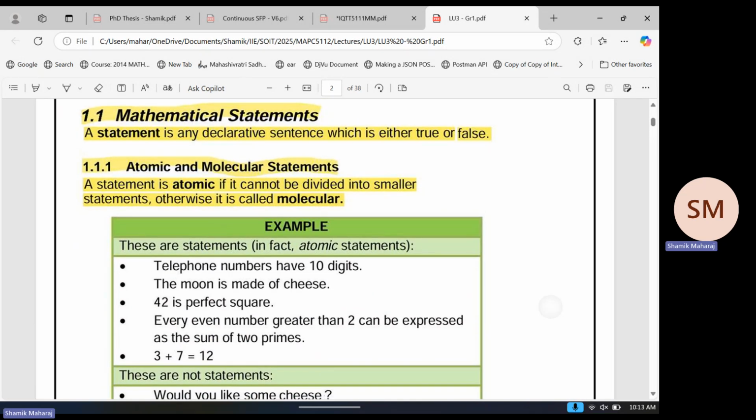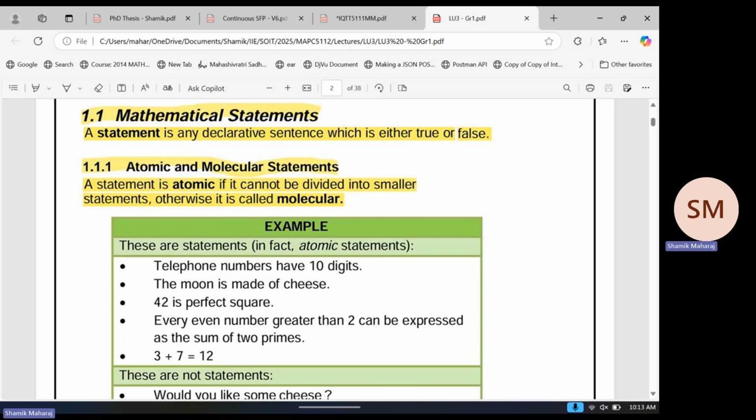Okay, so a statement is something that you declare, and statements have two types. These are atomic and molecular. Now, these are words we have to remember. And luckily, the words help us in the way they structure to remember what they are. Atomic is something fundamental. You can't break it down further. Molecular is something made up of more than one statement.